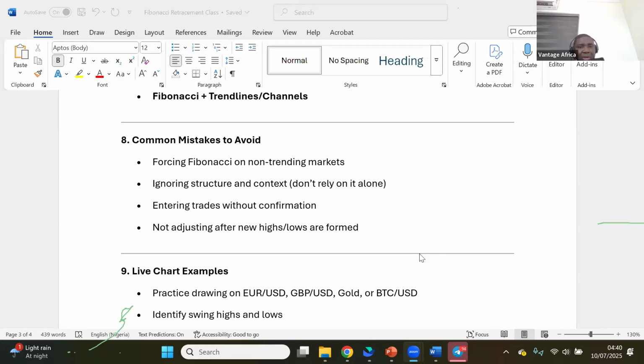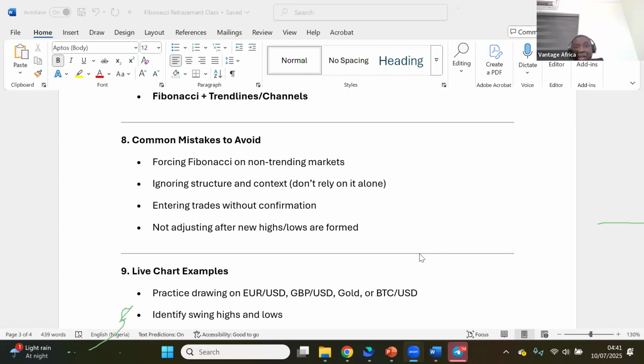Another mistake is ignoring structure and context. You need to look at Fibonacci in conjunction with other things on the charts, not alone. Because the thing is this, guys, there are many times where we are looking as traders for the easy way out. Just give me the one thing that I need to make money every single day without fail, and I shouldn't lose one trade.